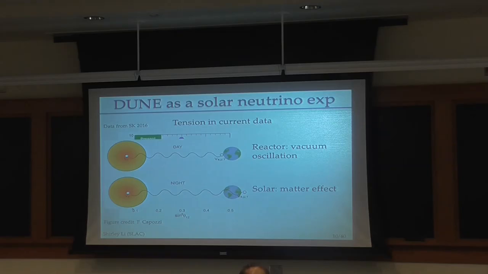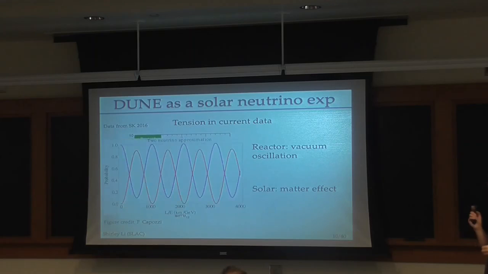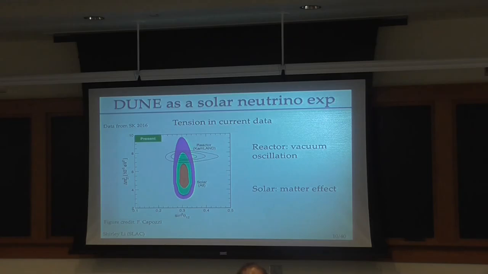So this is an interaction measurement. So then this type of comparison is exactly where we expect discrepancies might show up, if there are some, say, beyond standard model interactions between neutrinos and matter. Which makes this discrepancy more interesting.